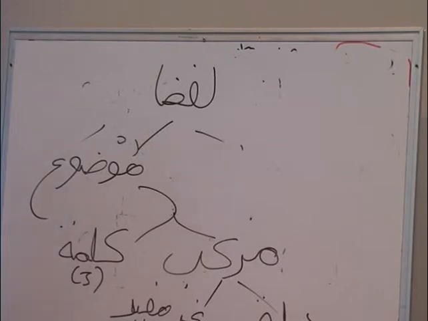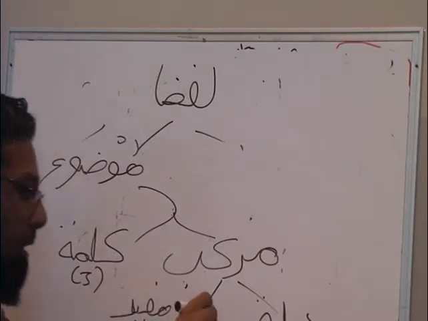Or if I said "a tall boy", it's a phrase. It's not a sentence. But if I said "a tall boy met me", that becomes the sentence. That becomes the jumla. So that's how it's split in the Arabic language. And so the ghayr mufid, or the phrases, are of 15 types, and we'll go through each one through the lessons.